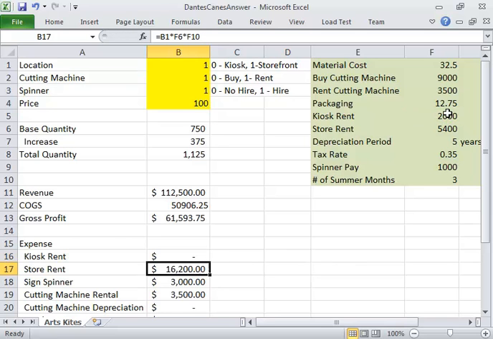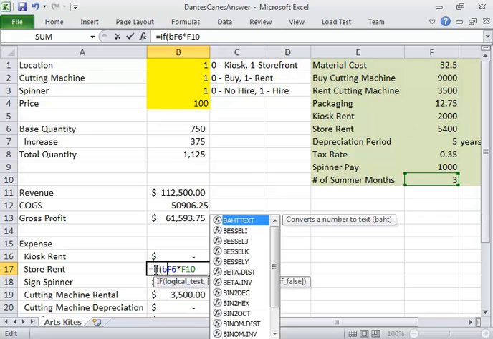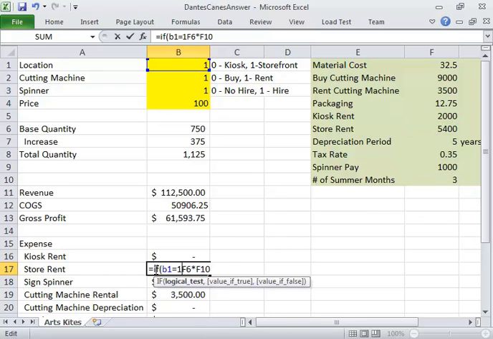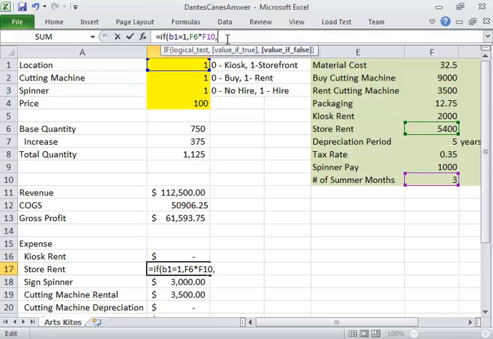And the same thing for the storefront. Here it's multiplying the value of this times store rent times the number of months in summer, but we can do the same thing here, and we can say IF B1 equals 1, F6 times F10, else it's 0.